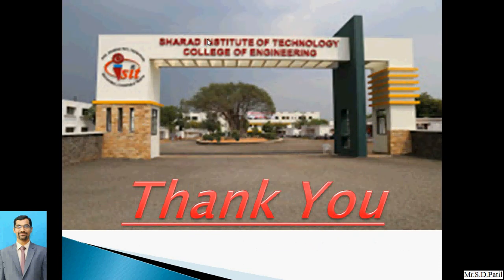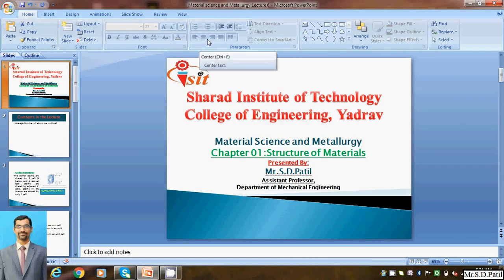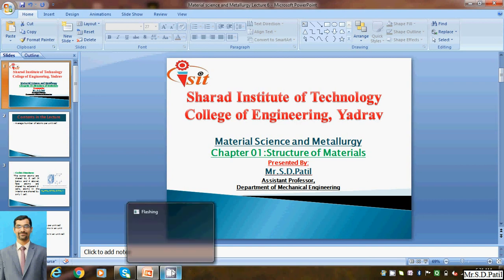These structures may be asked in the examination also. Thank you very much for today's lecture. We have just covered how to calculate the average number of atoms per unit cell. In the next lecture we will go with the packing factor, how to calculate the average packing factor.